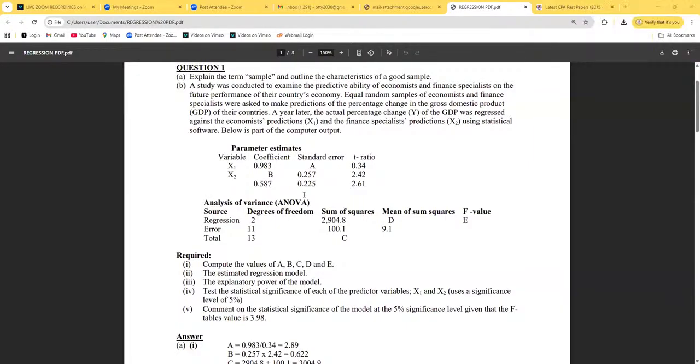The second table is now actually the gist of today's session. They have given me analysis of variance. We have source: regression, error, total. We have degrees of freedom, sum of squares, mean sum of squares, then the F value. Here, they want us to give them the value of C, D, and E, just like it came last semester.